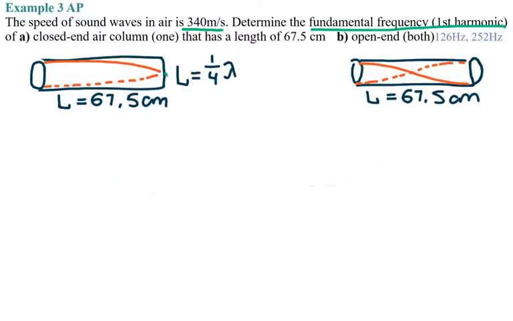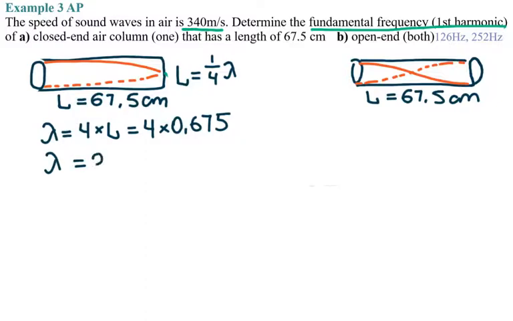From here the wavelength is equal to 4 times L, which is 4 times 0.675 if we do it in meters, and the wavelength is equal to 2.7 meters.